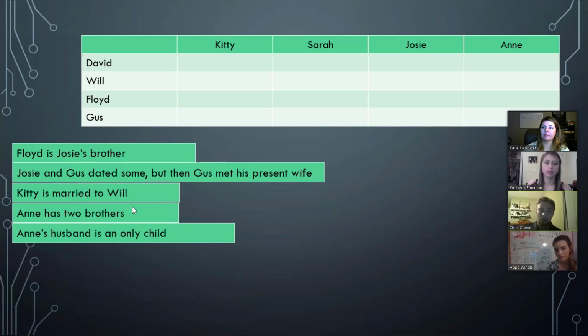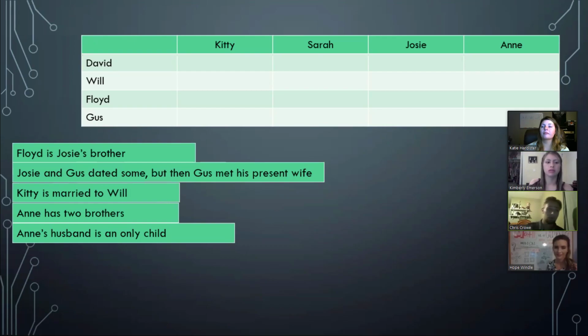The fact that Anne has two brothers isn't necessary to figure out who Anne is married to. All it tells us is that she has two brothers, neither of which are any of these men right here. So the clue is kind of inconsequential. It's unnecessary. It's false. But hey, Chris, could these clues be used in the process of elimination?